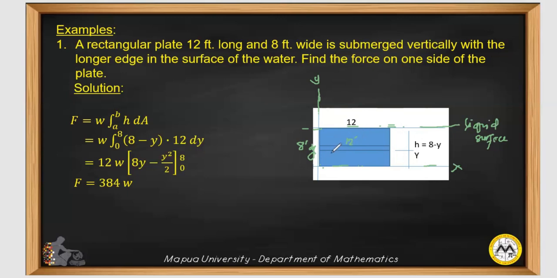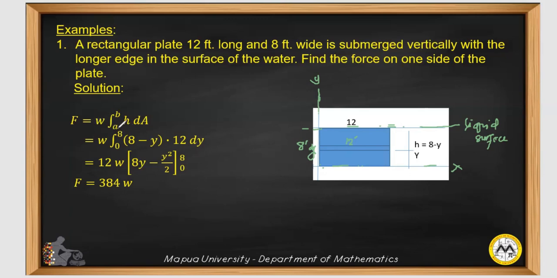So if we want to compute the force due to liquid pressure acting on one face of this rectangular plate, we will use the formula F = W times the integral of h dA, where h is the distance of the typical element from the water surface, and dA is the area of the element.